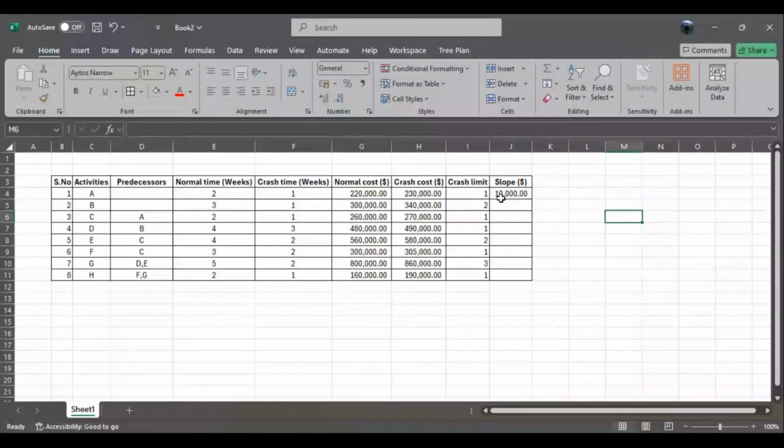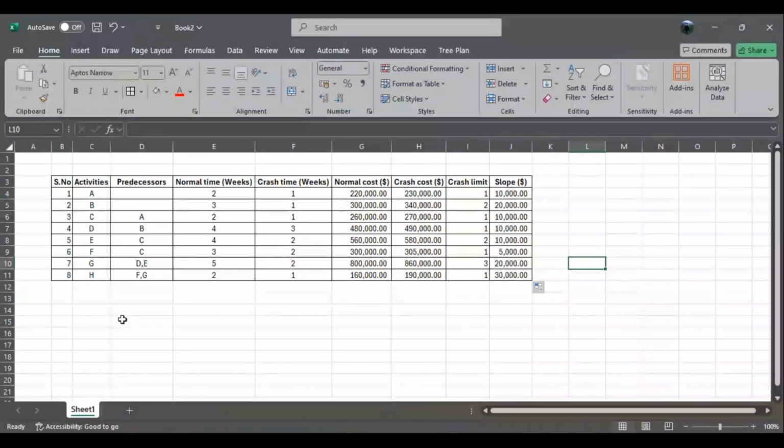It means that if we crash activity A by 1 period, which in this case is a week, we incur an additional cost of $10,000 per period crashed. If the crash limit were 2, then crashing this activity 2 times would cost $20,000, and so on. That's what the slope value means. If you drag it down, you get all the slope values, the incremental amount you will incur when you crash a particular activity.